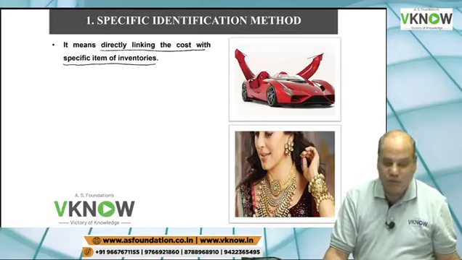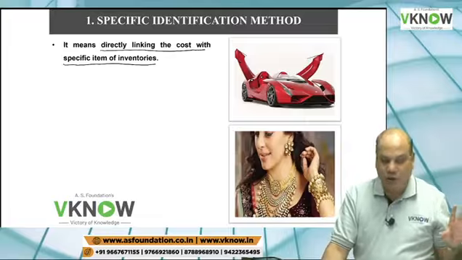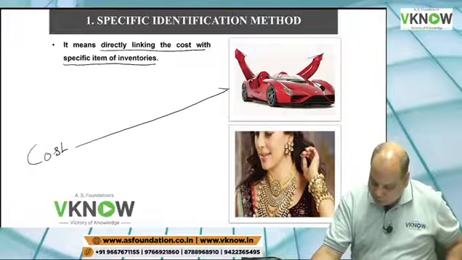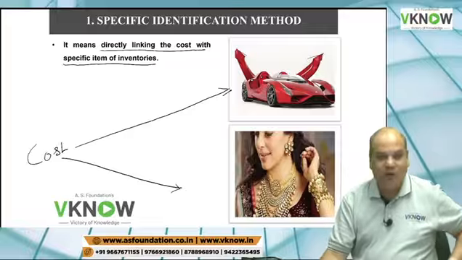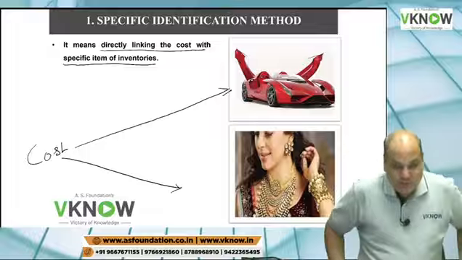SIM, the specific identification method, can be applied only when the cost can be traced to the specific item of inventory. Here the inventory is jewelry, okay, not that lady.